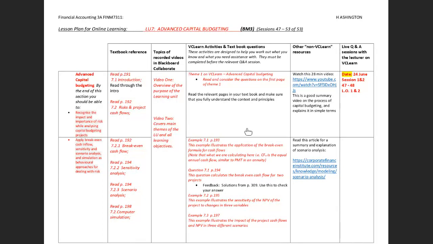But just take note, this break-even cash flow, if you look at the answer, we are solving at the end for CF. The break-even cash flow that we are solving for, the variable, is CF at time, sorry, not time 0, it's CFN.